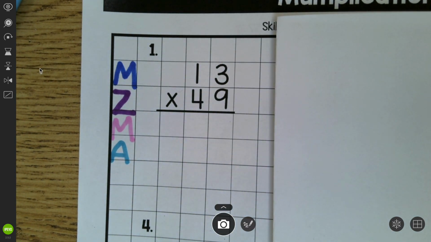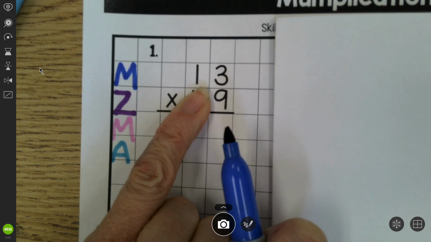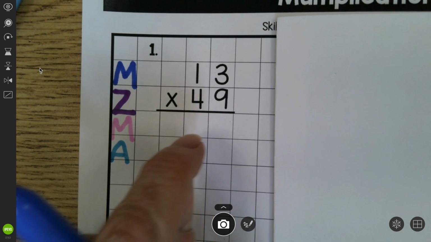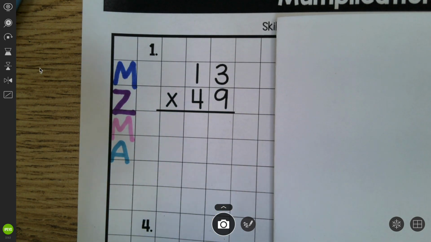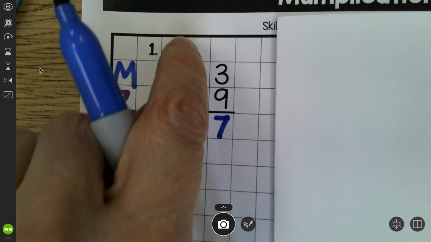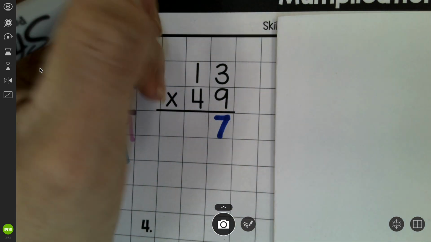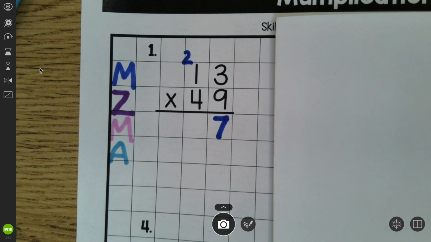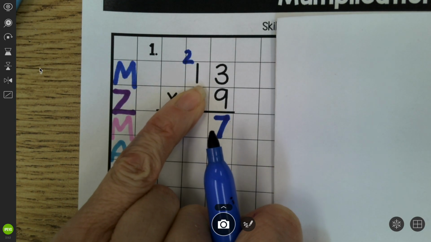Now, just like when we add or when we multiplied, we have to regroup. 27 is a 2-digit number, a 2 in the tens and a 7 in the ones place. We always put the number in the ones place down below, so the 7, and we carry the 2. Okay? Next, remember, we're forgetting about the 4 right now.